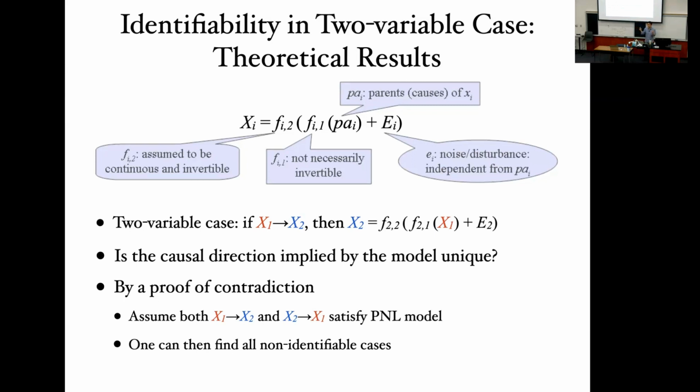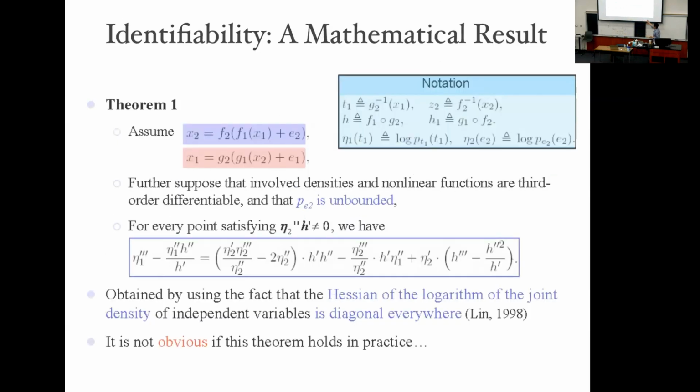So you assume that the reverse direction can also produce independent noise with the post-nonlinear model, and then you can see whether it's possible to have this phenomenon. Then you can solve the equation right here. Fortunately, this equation has a bilinear form, so you can solve this differential equation.